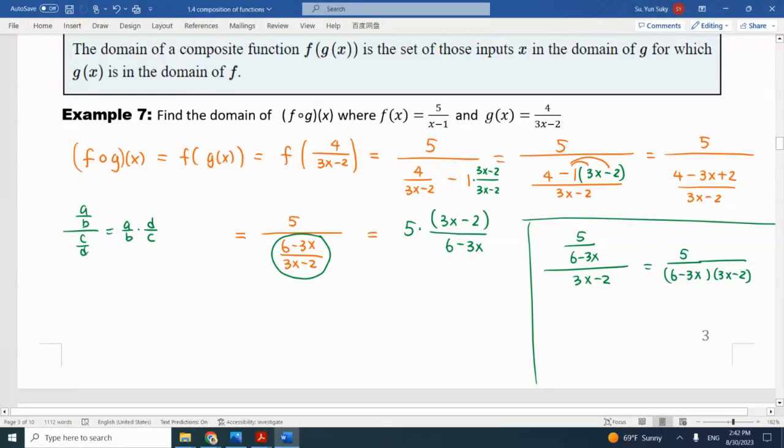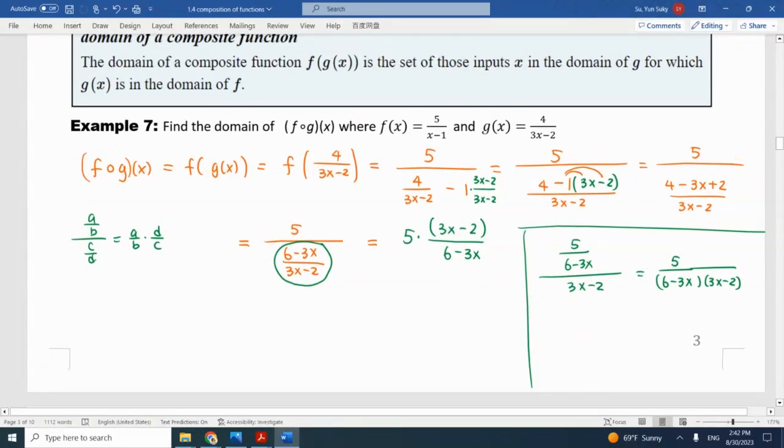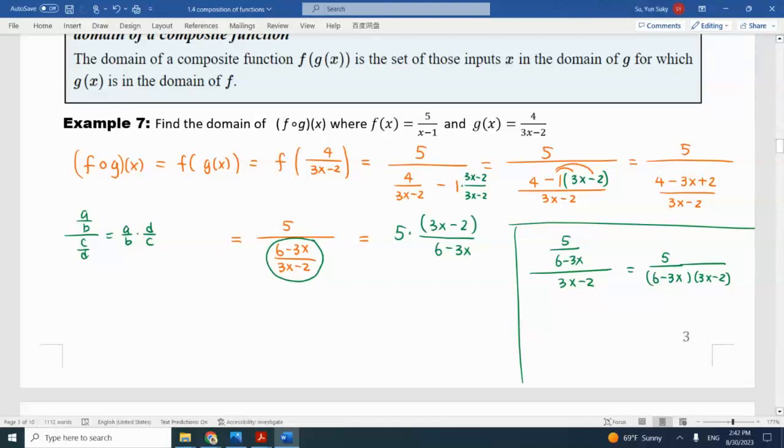All right. Okay, so this is the composition, right? And we say the domain of this is the set of those inputs x in the domain of G for which G of x is in the domain of f.